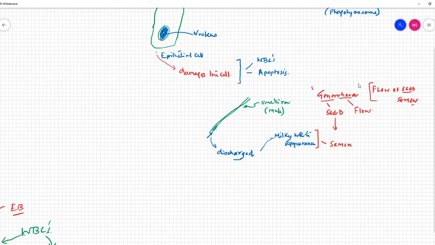So in both males and females, there will be discharge, and this inflammation can lead to some dysuria.